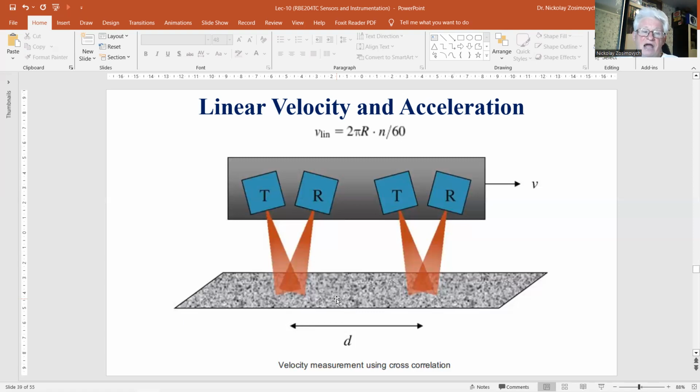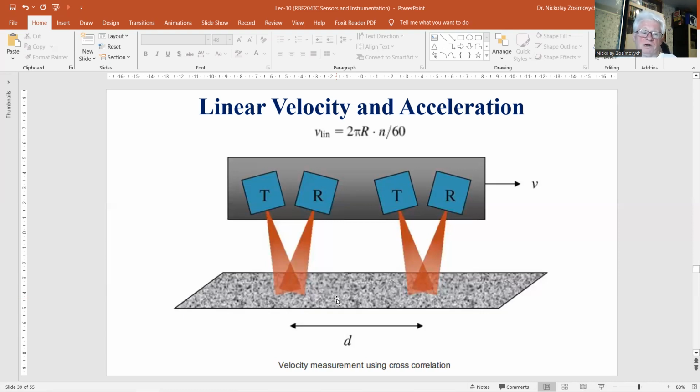Various solutions have been proposed to overcome such difficulties. One is a system that makes use of optical fibers, transmitting the light from two laser heads towards the moving surface. The laser heads are 30 centimeters apart, and the distance to the surface is about 1 meter.